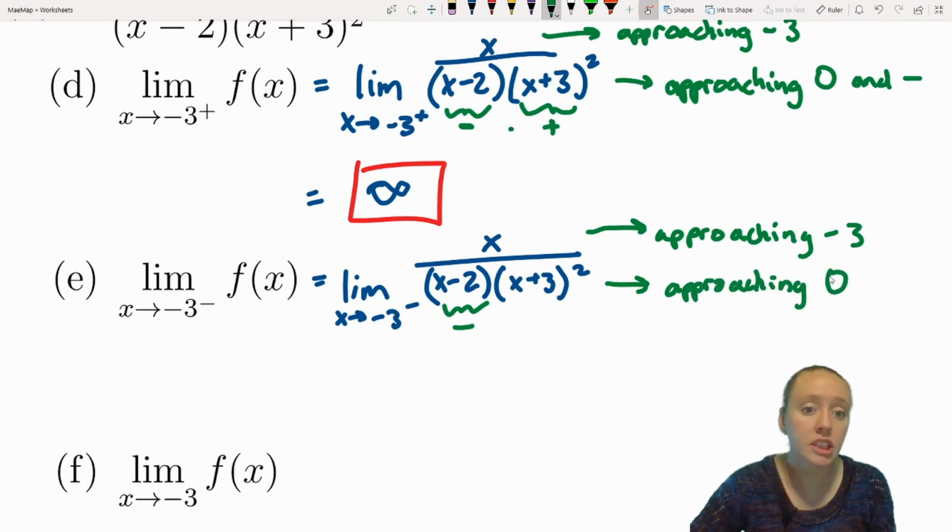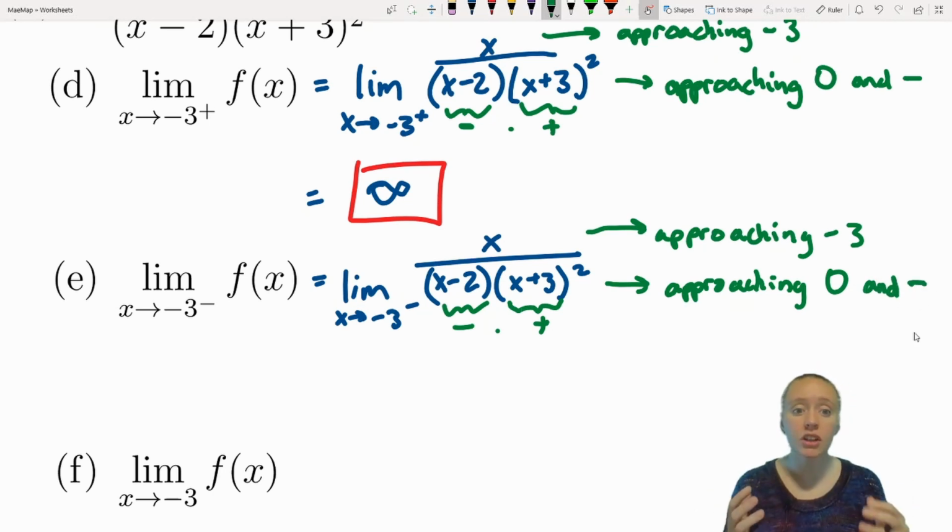And again, it's approaching 0 because this factor is getting closer to 0 as we get closer to -3. And again, we're squaring those values. So regardless of what x values we plug in, as we get closer to -3, this is always going to be positive. And a negative times a positive is a negative. So this is approaching 0, and it's negative.